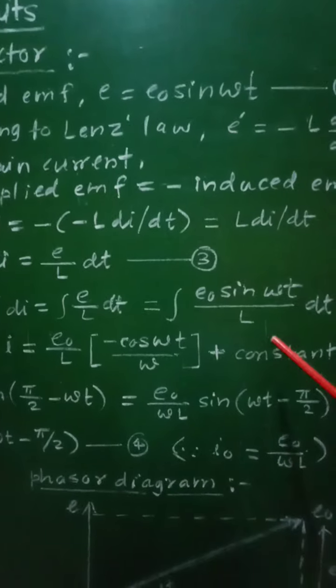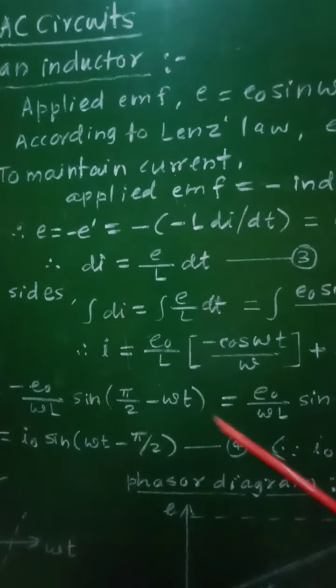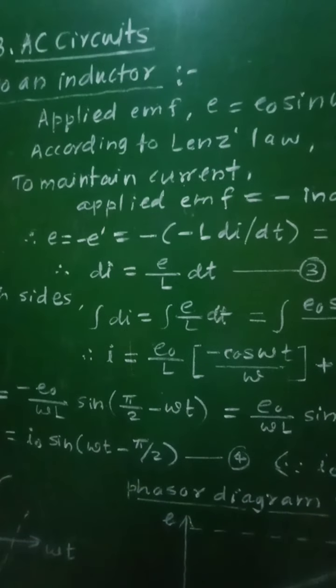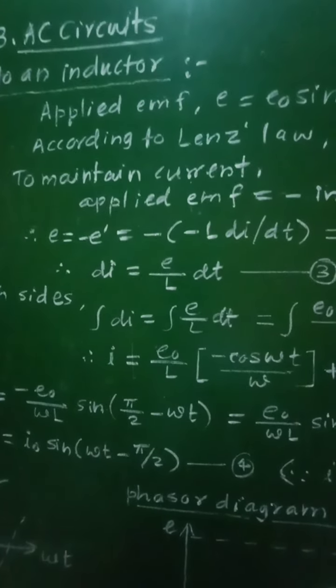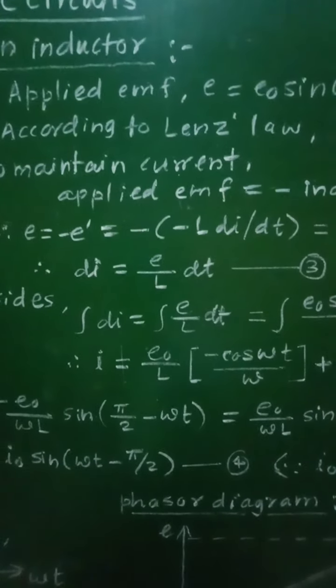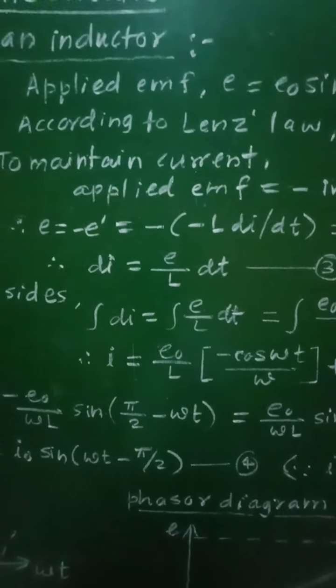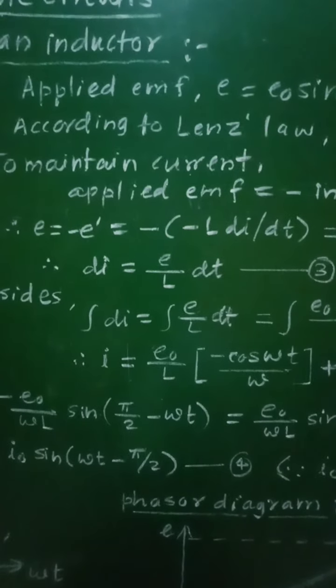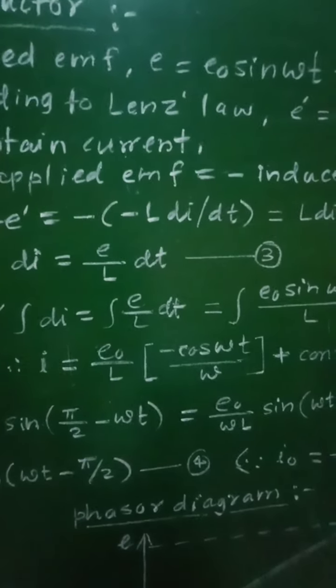Both EMF and current oscillate about 0, and the constant of integration will be equal to 0.